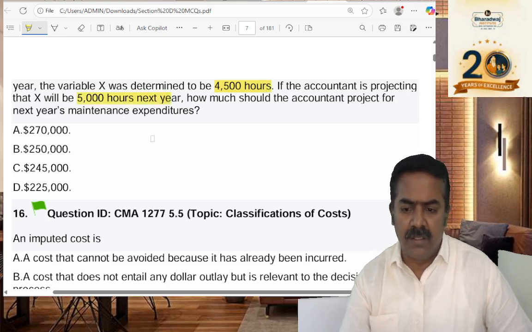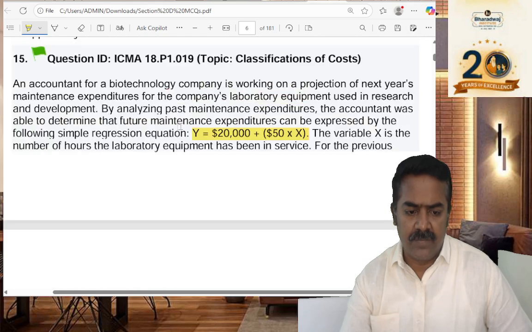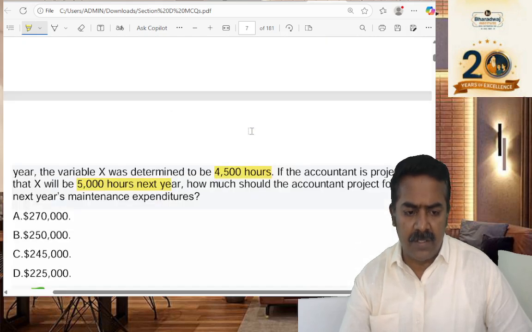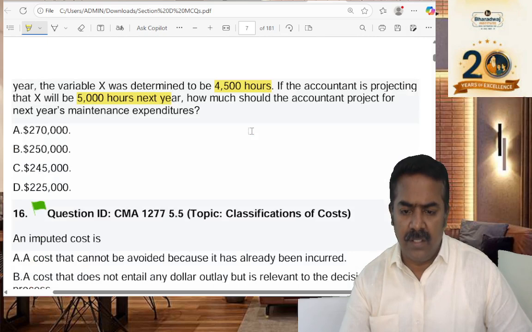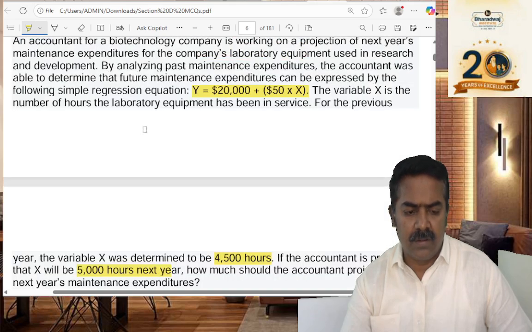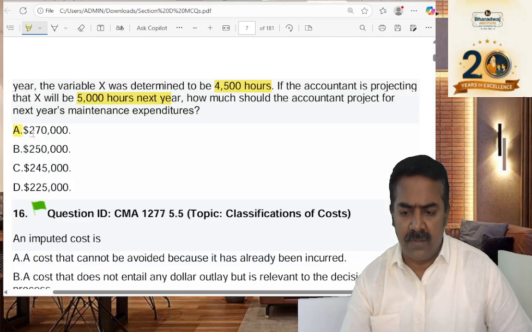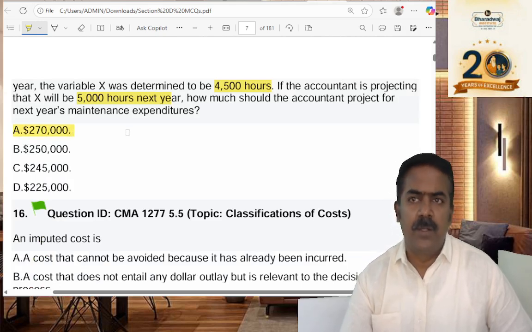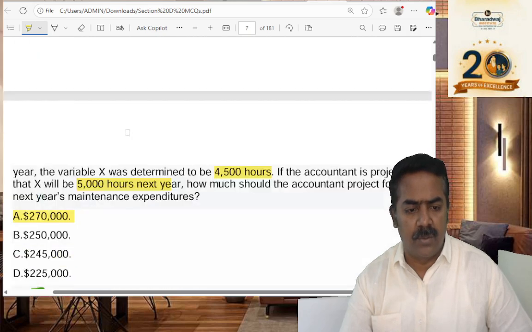How much will it be next year? 20,000 plus 5,000 into 50. Answer is 2,70,000. 5,000 into 50 is 2,50,000 plus 20,000, 2,70,000.